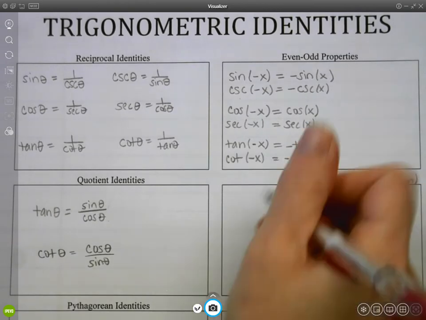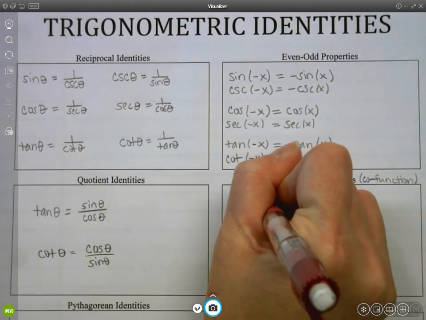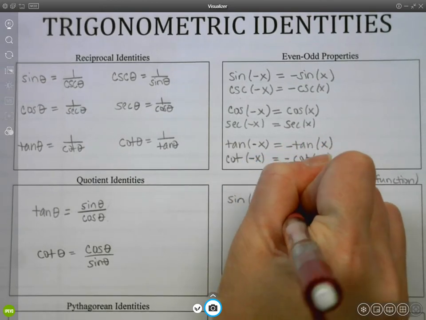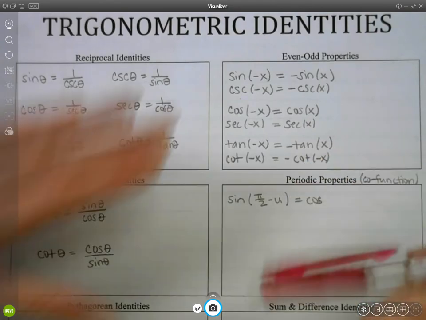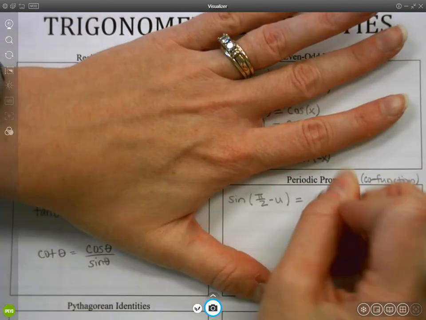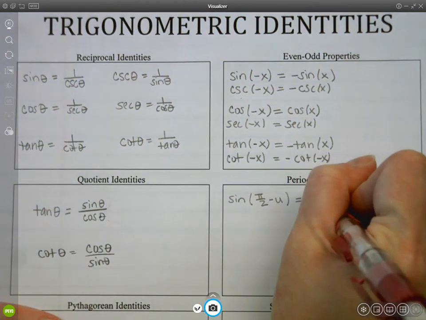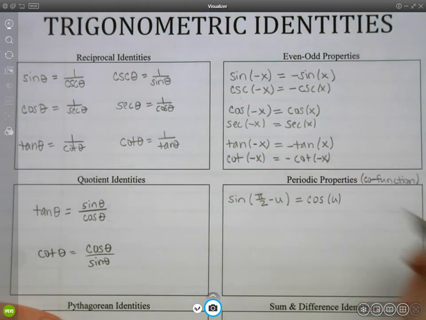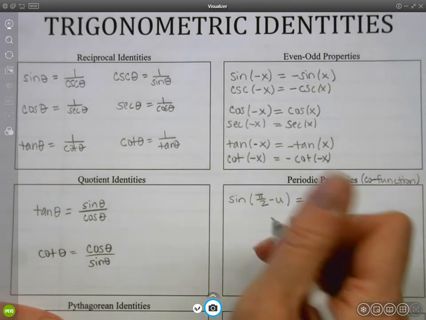So those properties look like this. Sine of pi over 2 minus an angle is equal to cosine. And if you stop and think, pi over 2 is 90, right? And if you think about your sine and your cosine graphs, one of them is shifted 90 degrees from the other. And that is all that is saying. The same thing with cosecant and secant.